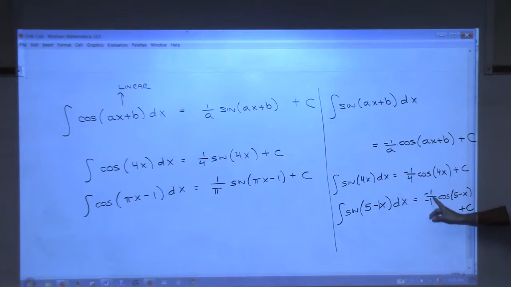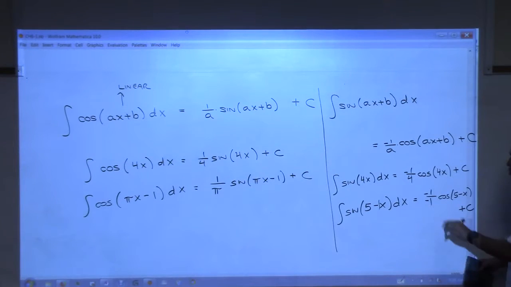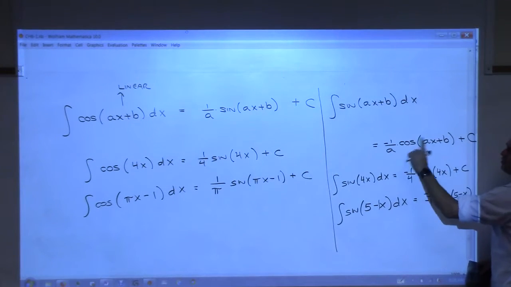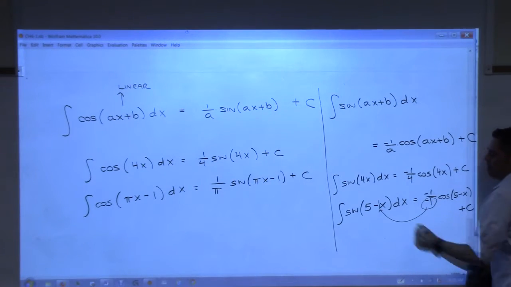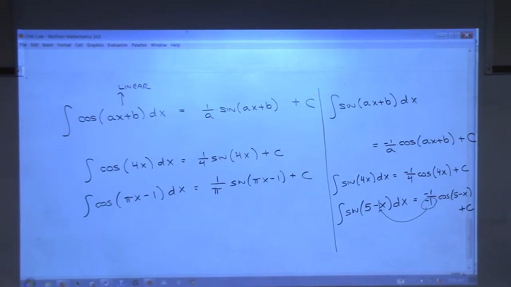And that's just 1 out there. You okay with that? You just write that as cosine. Yes, that's what I would do. I just wanted to illustrate that I'm using this formula. Negative 1 over a, this right here comes from that. But at the end of the day, it's just cosine of 5 minus x.